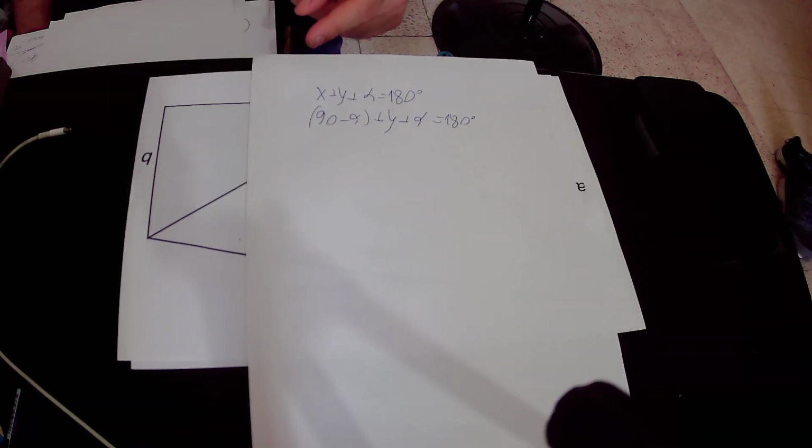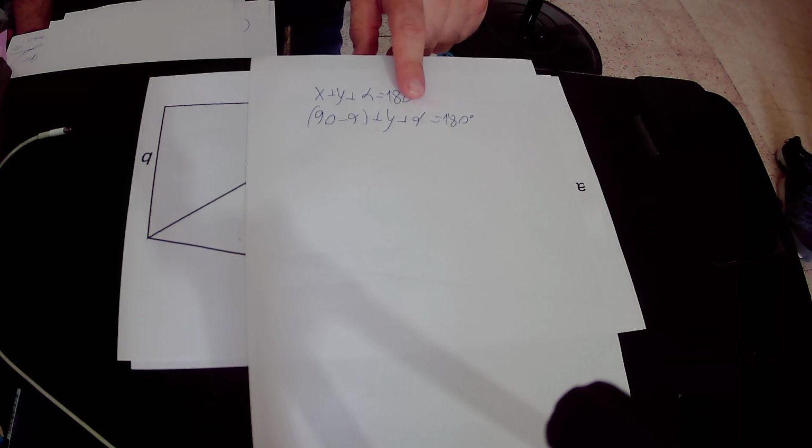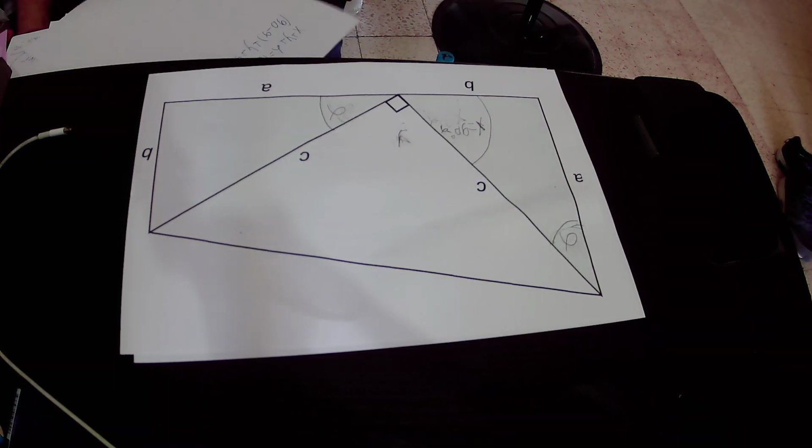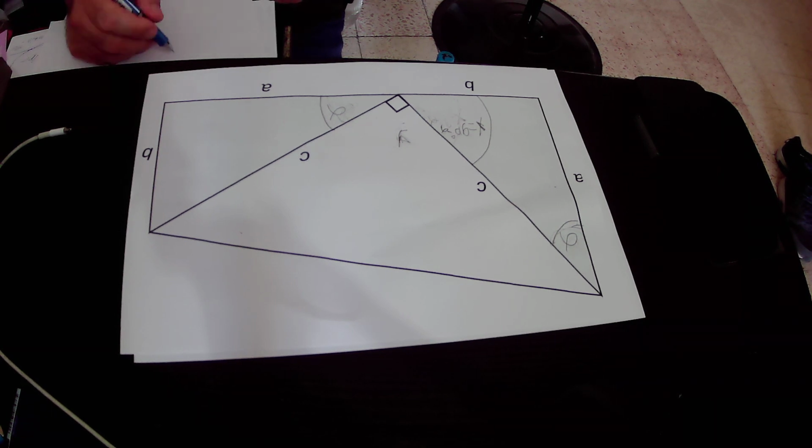Here we substituted x with 90 minus alpha. So we got that minus alpha plus alpha is 0. So we can write that 90 plus the angle y equals 180 degrees.